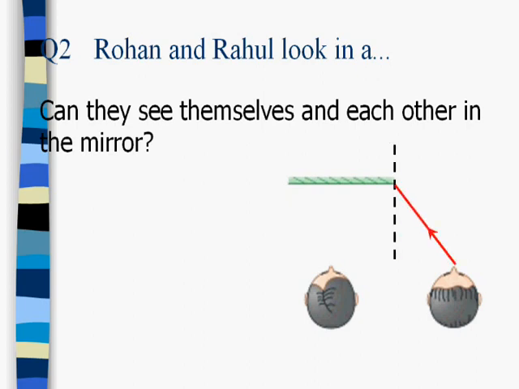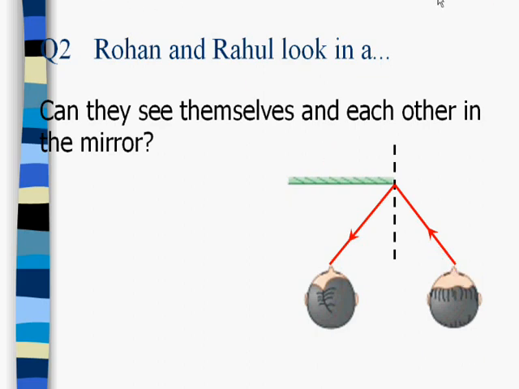If, say, Rohan is not in front of the mirror and Rahul is in front of the mirror, then due to the laws of reflection, Rahul can see Rohan and Rohan can see Rahul, but Rahul cannot see his own image because in any condition the light ray will not come in this direction so that he can see his image in the mirror.